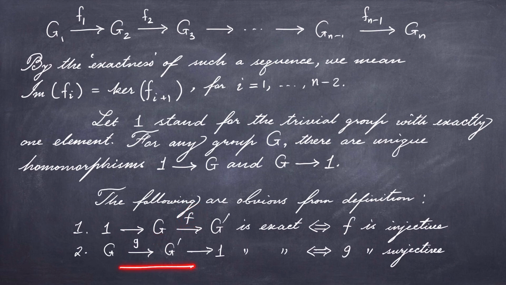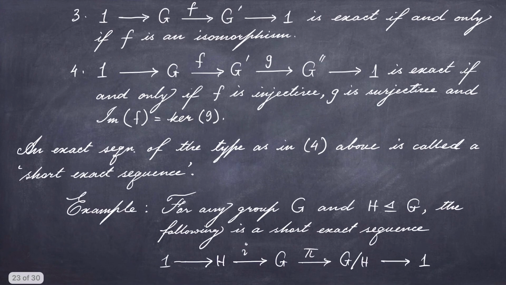Similarly, this is exact if and only if g is surjective. This is exact if and only if f is both injective and surjective, that is, f is an isomorphism. And a sequence of this type is exact if and only if f is injective, g is surjective, and the image of f is the kernel of g.